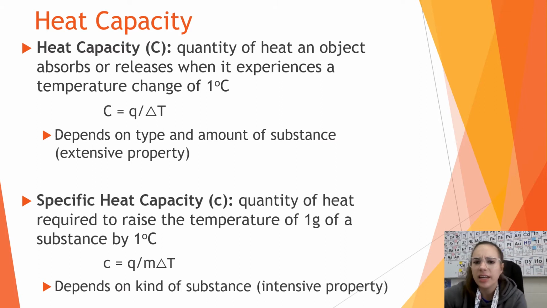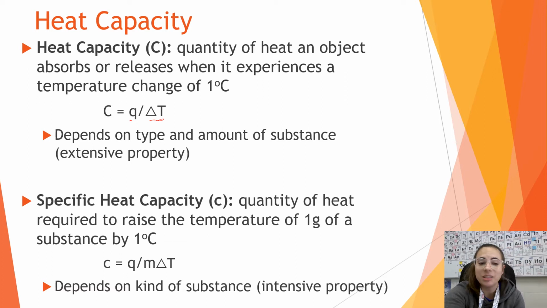Okay, that next part of our Q equals mc delta T. C is specific heat, but first I want to talk about heat capacity. They're very similar, but slightly different. So heat capacity is the quantity of heat an object absorbs or releases when it experiences a temperature change of 1 degree Celsius. So it's heat over the change in temperature.